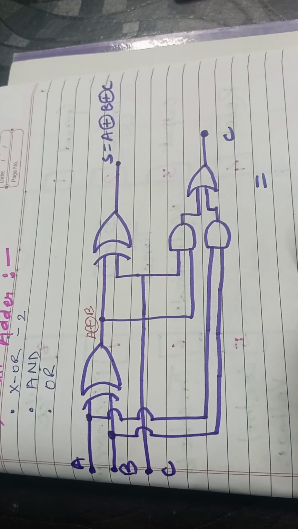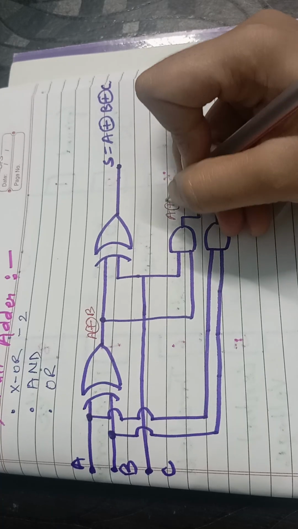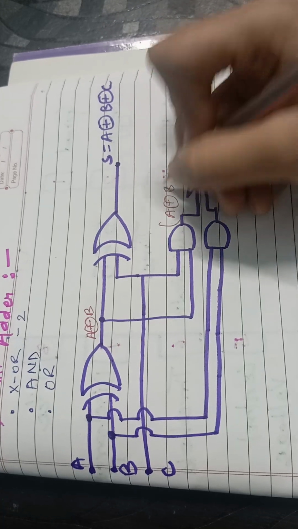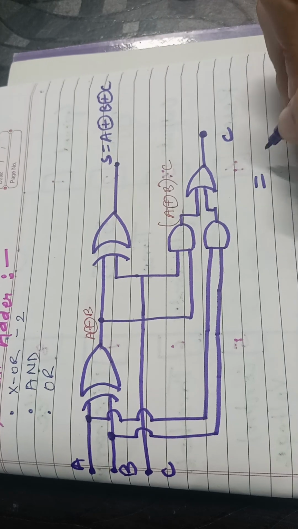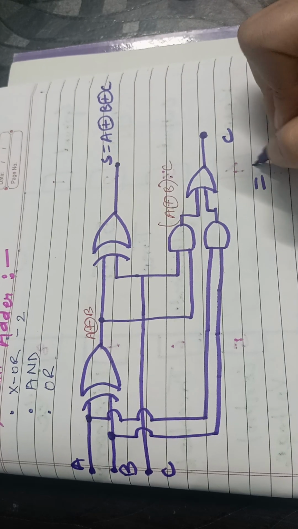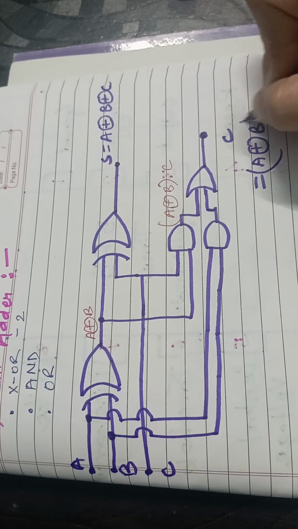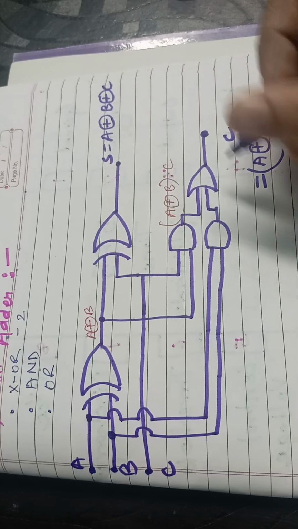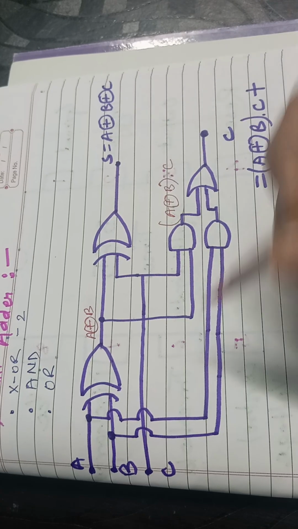Here we can write A XOR B and with C. So A XOR B is in AND with C, and we have the OR operation. OR operation means plus.